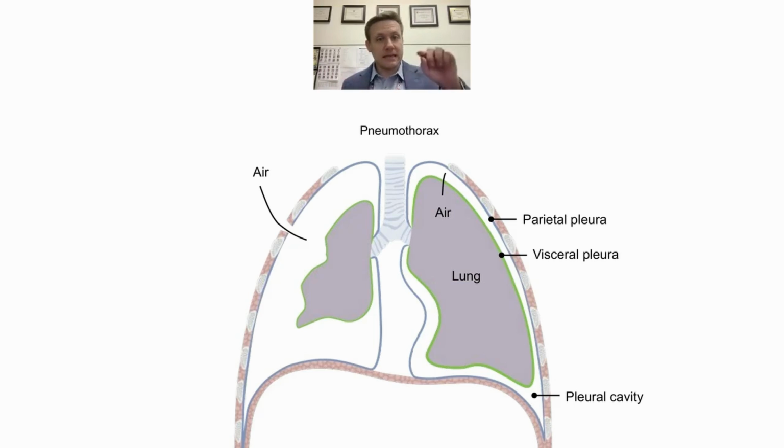It's just what it sounds like. It's a little bleb, just like a little tiny tight balloon right along the surface of the pleura that can rupture spontaneously. And again, you get another form of pneumothorax, pneumo meaning air. So air in this cavity where you shouldn't have any air. You should typically just have a small amount of fluid.